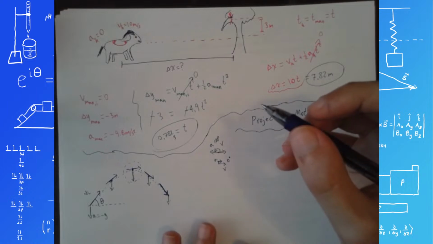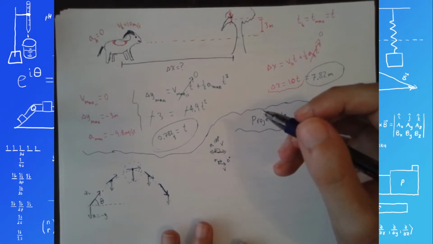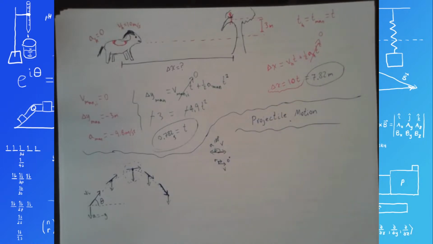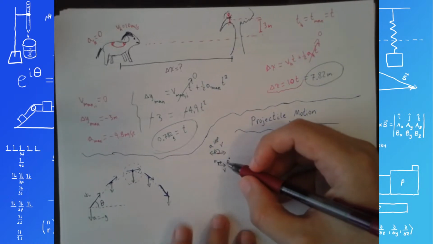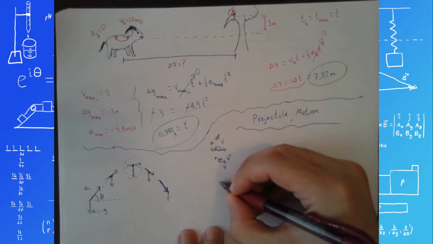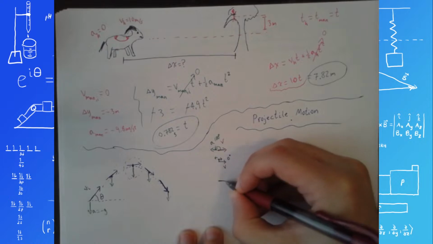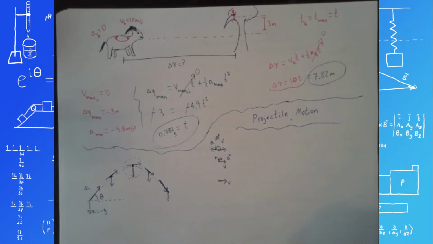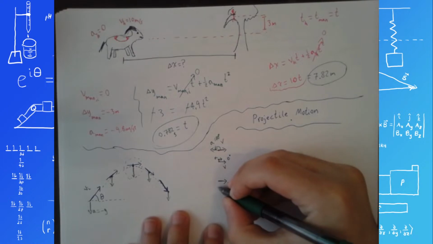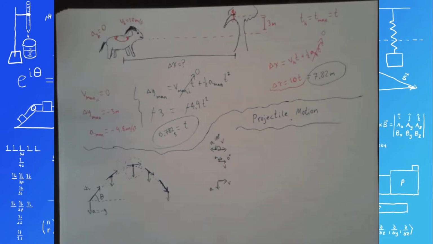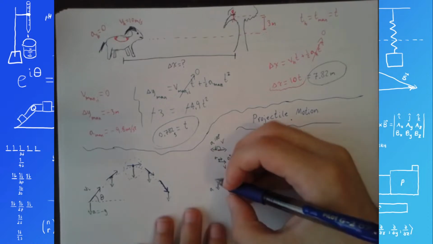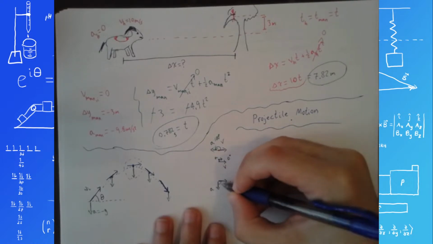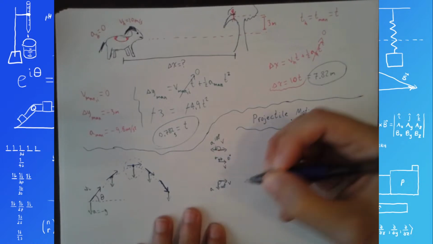So I guess what I want to state here, just to complete these scenarios, is that the third special case, if that's what you want to call it, is when velocity and acceleration are at exactly 90 degrees to each other.